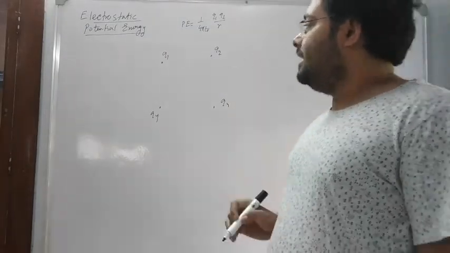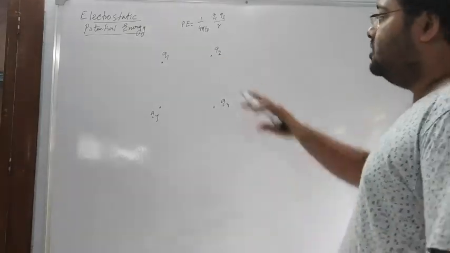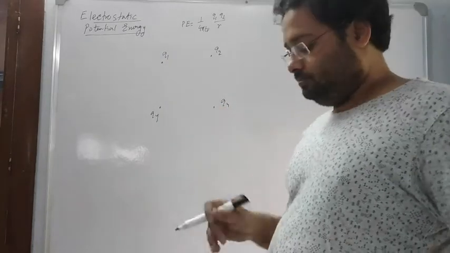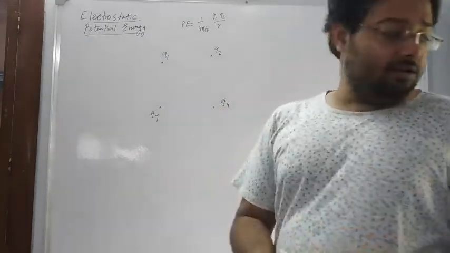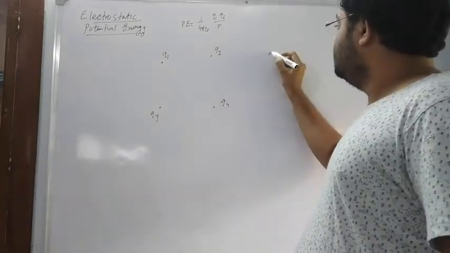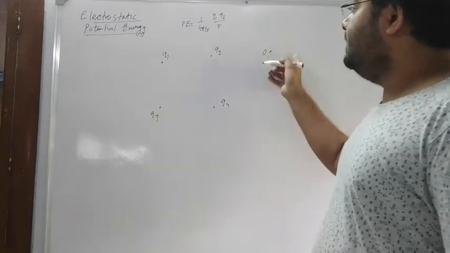You think about the situation. Initially there was no charge. You bring only Q1, so you don't need to do any work. Then you bring Q2.